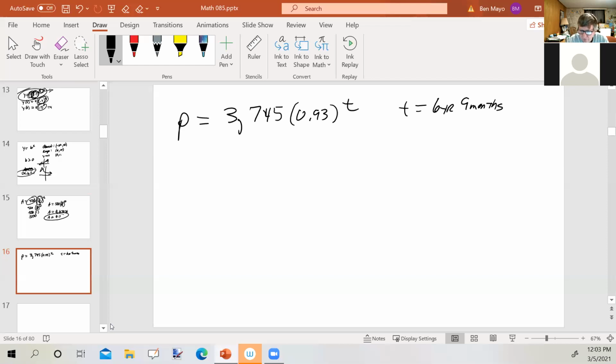9.3%. No. 93%. Okay. As each year goes by, the next year it's going to be 93% of what it was, because we're going to take it times 0.93 again.